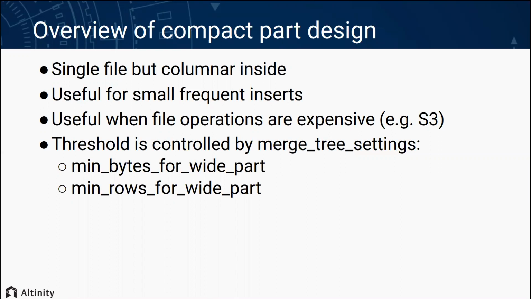What's interesting is that when we were testing S3 performance, we figured out that using compact parts makes a lot of sense because it vastly reduces the number of files and file operations. With compact parts, you can insert data in S3 much faster compared to the original wide parts. But the query side is still a concern, and we're still working on improving the performance here. Next slide, please.